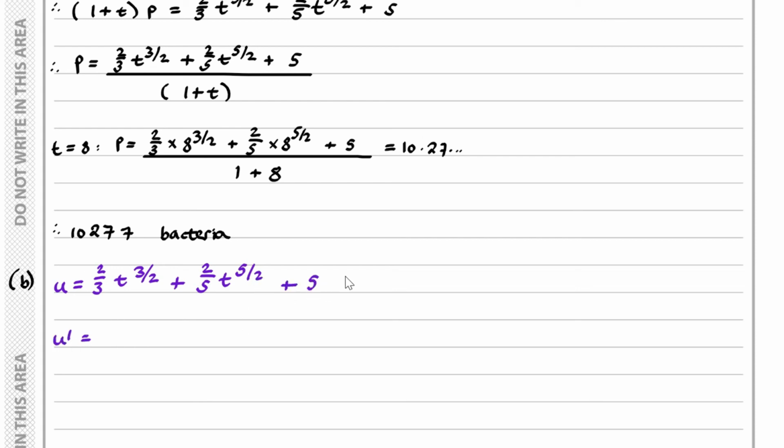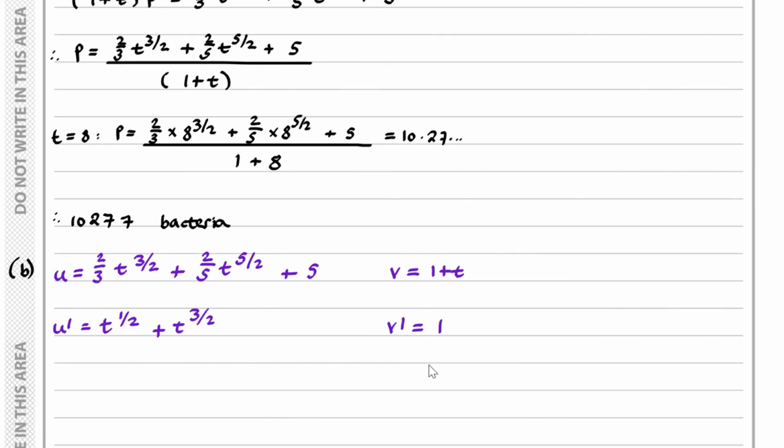U dash, that's equal to, well, if we differentiate this with respect to T, if we differentiate 2/3 times T to the 3/2, we end up with T to the 1/2 plus, and then if we differentiate 2/5 T to the 5/2, we end up with T to the power of 3/2, and if we differentiate the 5, we end up with 0. V is equal to what's on the bottom, the 1 plus T, and V dash is equal to 1.